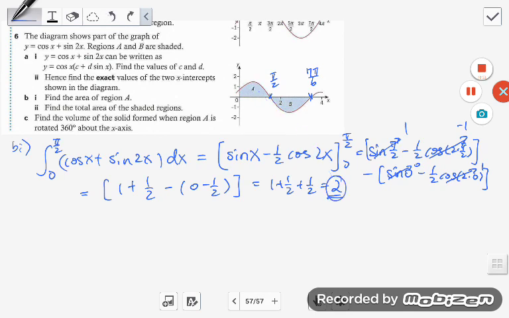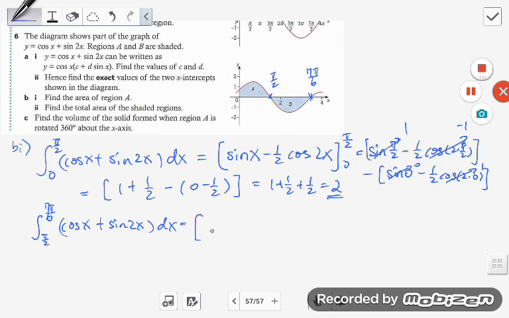Now I need to find the area for B. If I do the definite integral, it will be negative, but since we're talking about area, we will have to convert that to positive. Same thing: the integral of cosine x plus sine 2x dx.